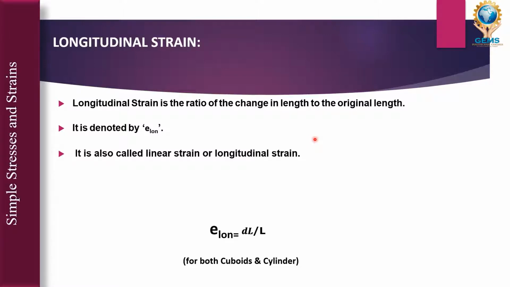Understand? The ratio of axial deformation to the original length of the body is known as longitudinal strain. In simple words, longitudinal strain is the ratio of change in length to the original length, and it is denoted by E longitudinal.